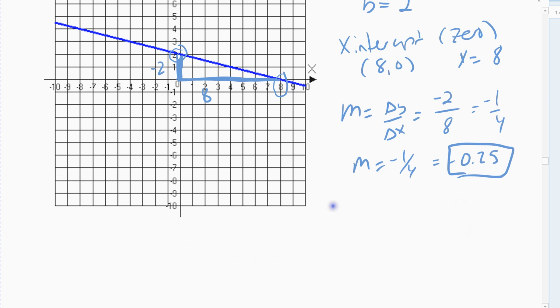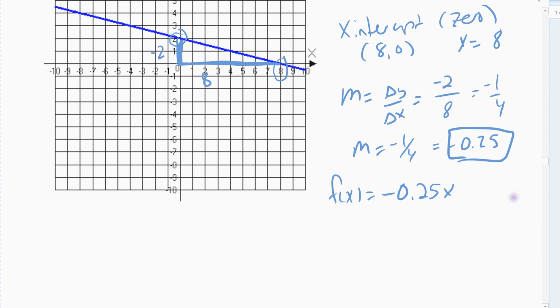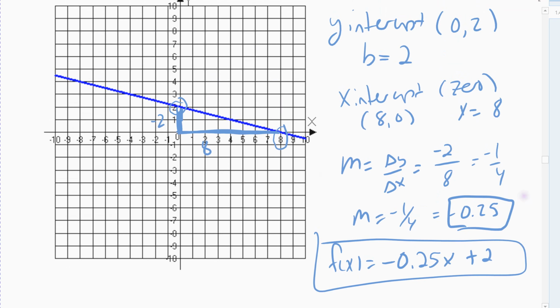So my function is f of x equals negative 0.25x plus 2. Alright, so there's the equation. So again, I found my x-intercept, my y-intercept, my slope, and my equation.